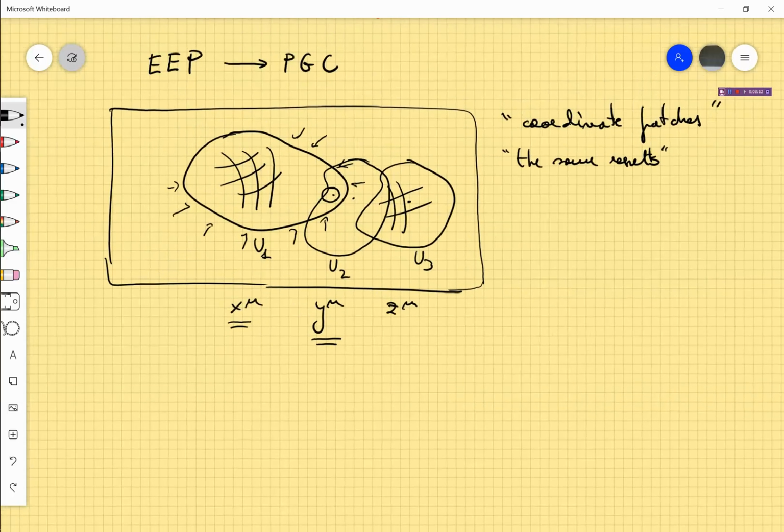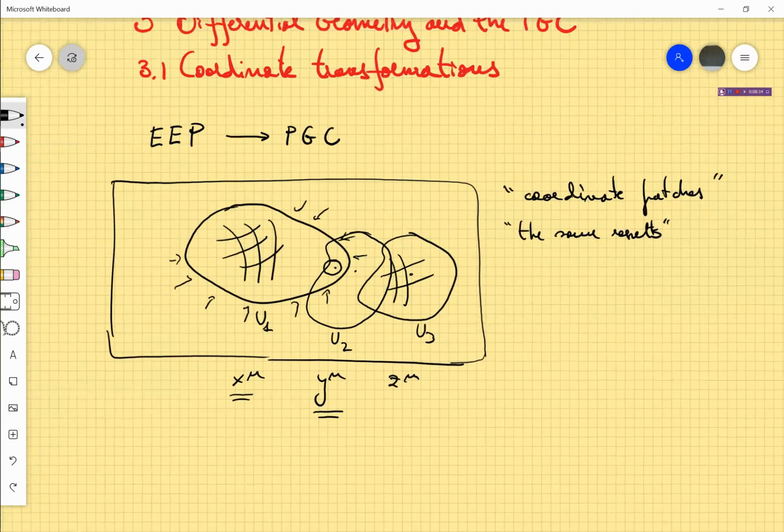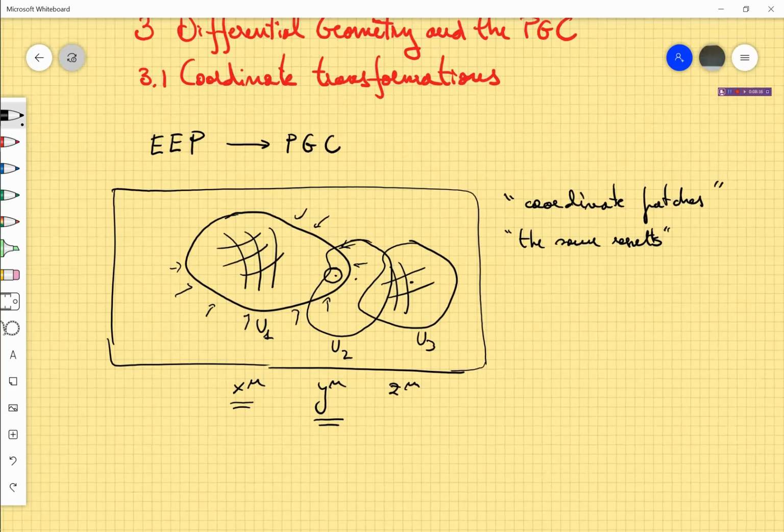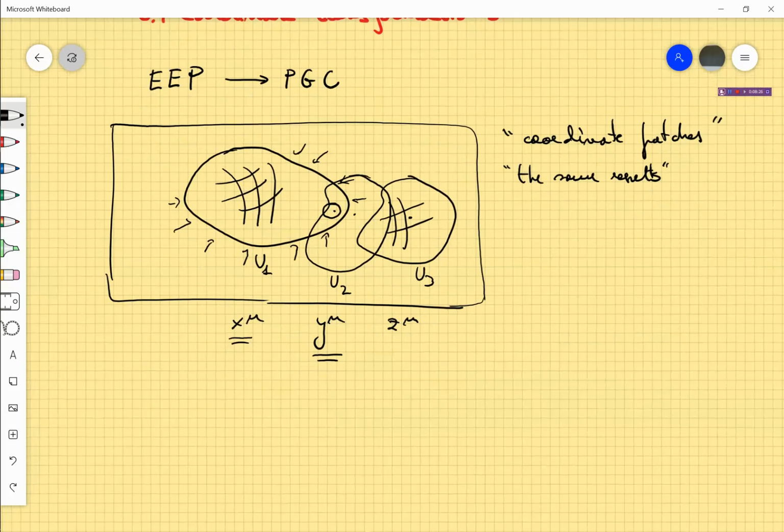First, there is a physical requirement that physics should be independent of the coordinate system we are using, at least the form of the laws, although the values of specific magnitudes can be different. And secondly, these coordinate changes are unavoidable if we want to describe physics in the entire spacetime, because this entire spacetime may not be covered by a single coordinate patch.